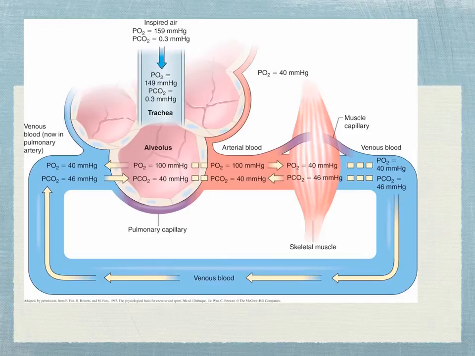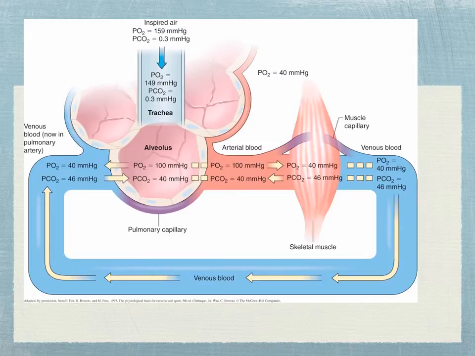If you look at the bottom of the diagram, it shows venous blood. Venous blood carrying carbon dioxide and very little oxygen is transported into the lungs. And at the alveoli, we see oxygen moving into the capillary because the partial pressure of oxygen is greater in the alveoli than in the blood.